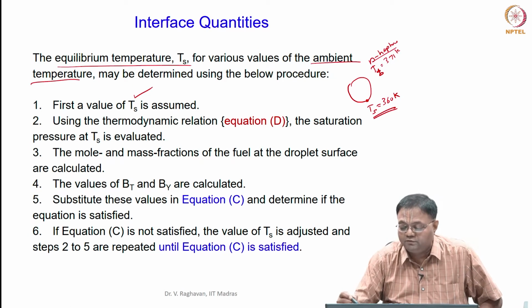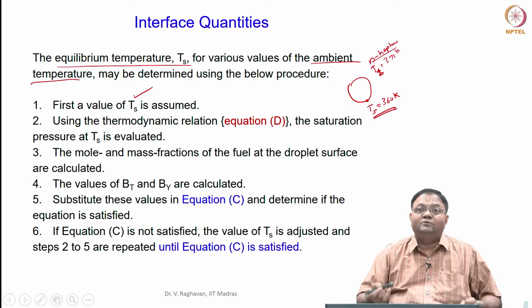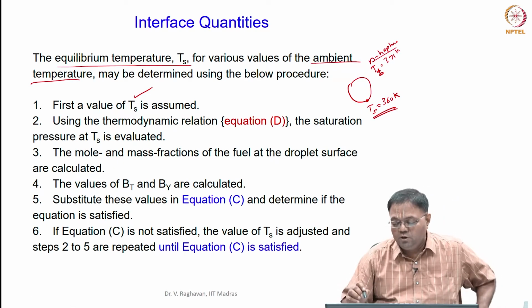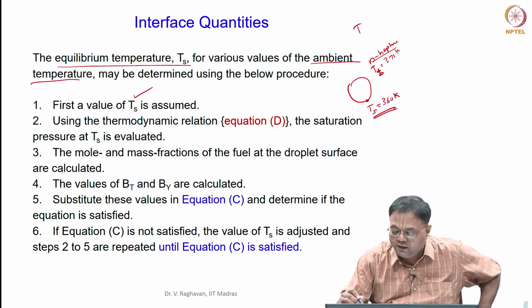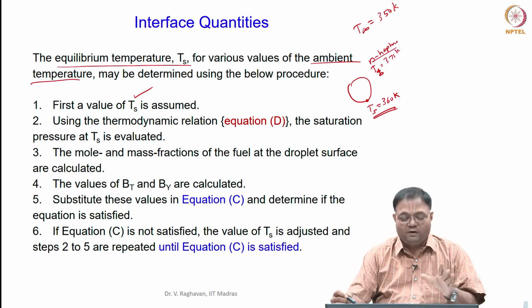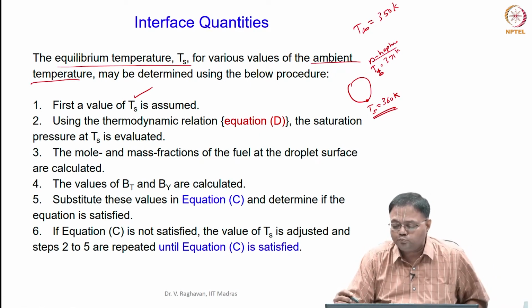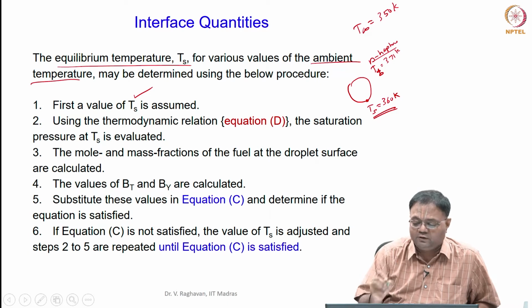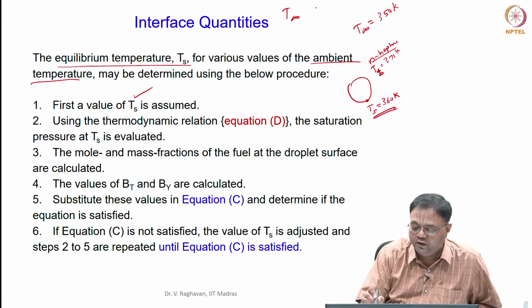So, this Ts will be close to the boiling point based upon the ambient temperature. For example, now ambient temperature T infinity is say only 350 Kelvin. There are scenarios here, you have to understand this, it is very important. There are 3 temperatures I have: T infinity, T boil and T surface, correct.